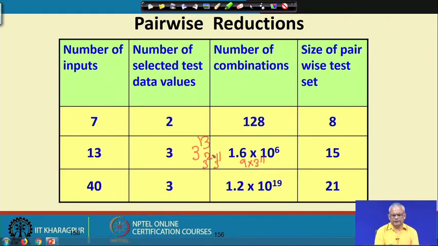We can write it as 3 to the power 2 into 2 to the power 6 into 3. So, that is 3 to the power 12 into 3, and this is 9 to the power 6 into 3, and we can find that it becomes 1.6 into 10 to the power 6.